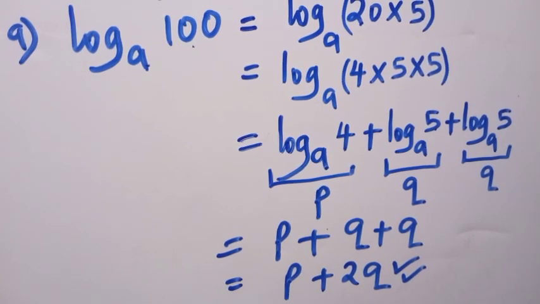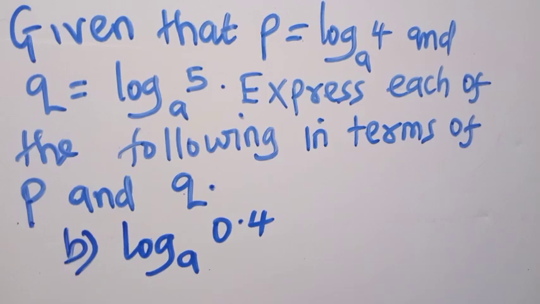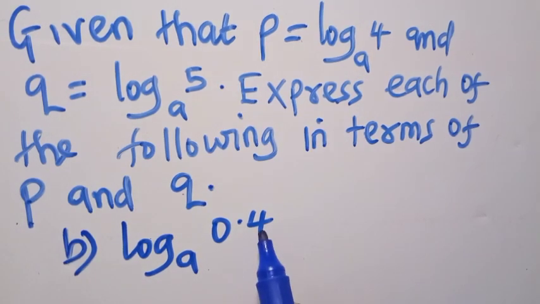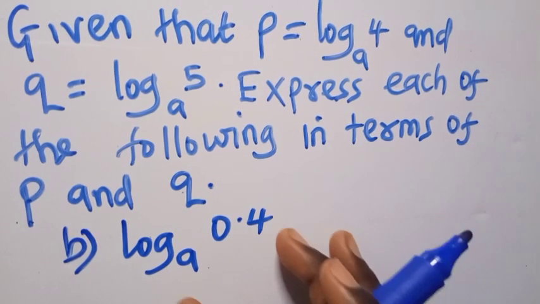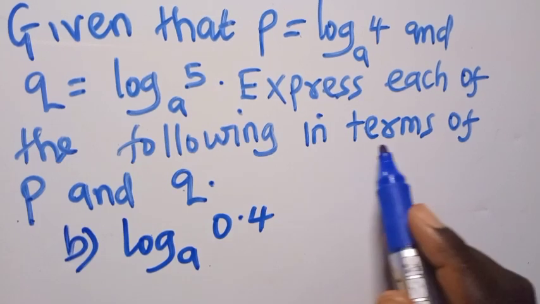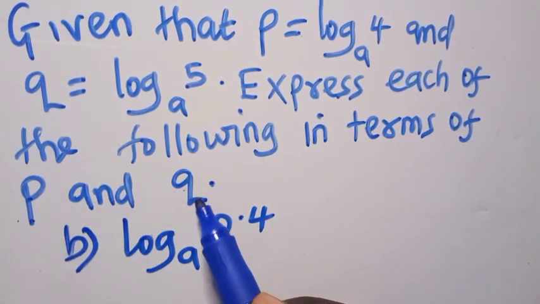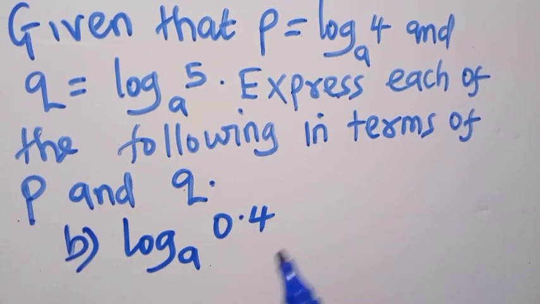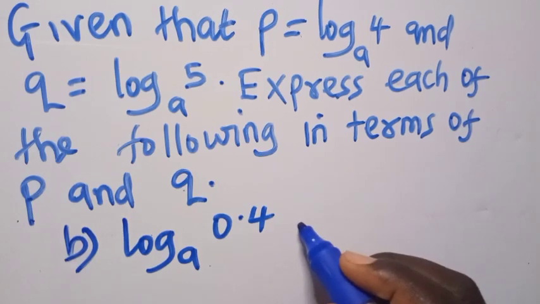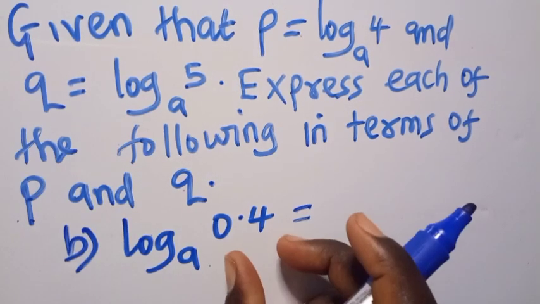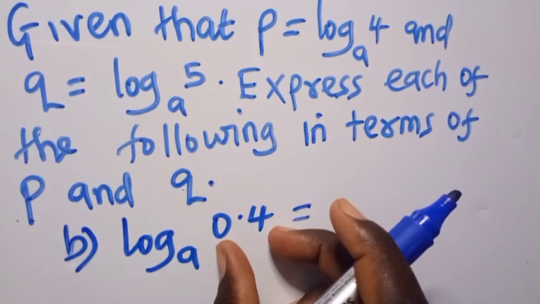Now, let us have a look at b. b is the logarithm of 0.4 to base a. We need to express this one in terms of p and q. The first thing that we shall do here is, because this is a decimal, we can write it as a fraction.